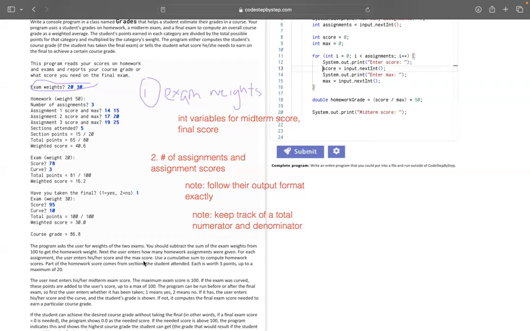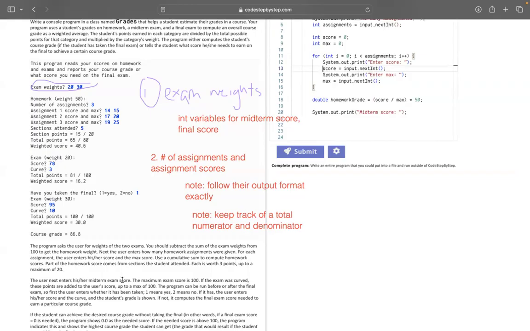And so in your for loop, when you say score equals input.nextInt and you're taking in the next score they give you, instead of saying equals, you should say plus equals. If you just say score equals, you update the score every time to the next score they give you, so you're completely losing all the previous scores, and you need all the scores combined to calculate your combined homework grade, right?